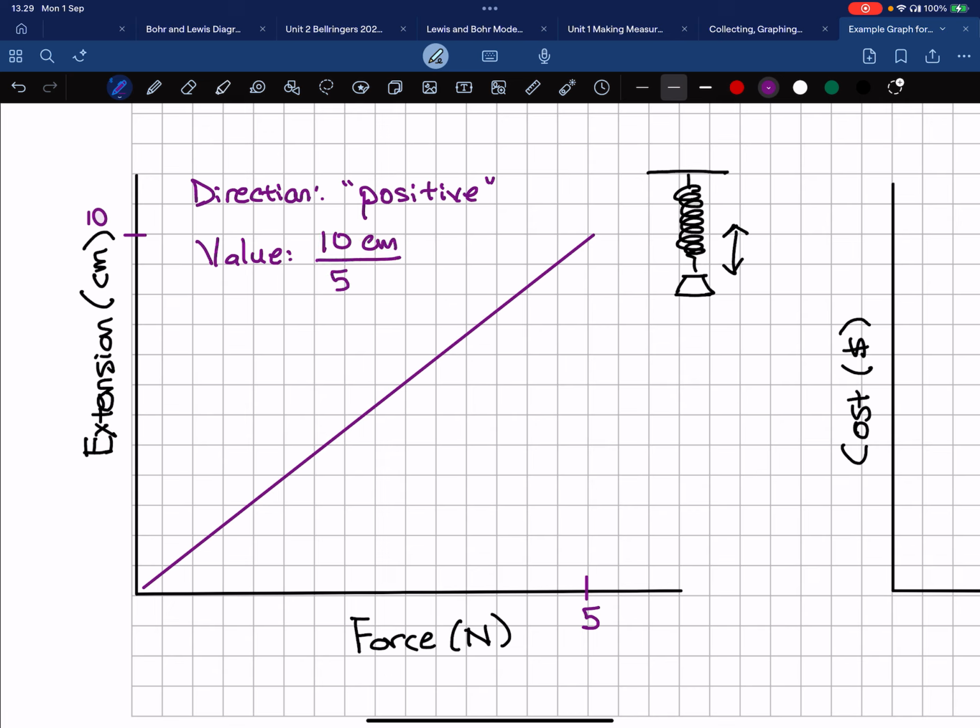And the last thing we can talk about is units, which is always going to be y divided by x, centimeters over newtons. So this means that that spring will stretch 2 centimeters for every newton you put on it. That is the stretch of the spring.